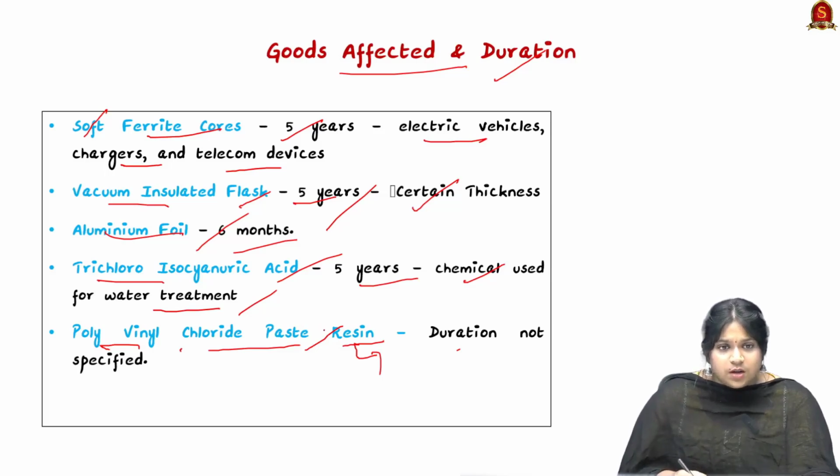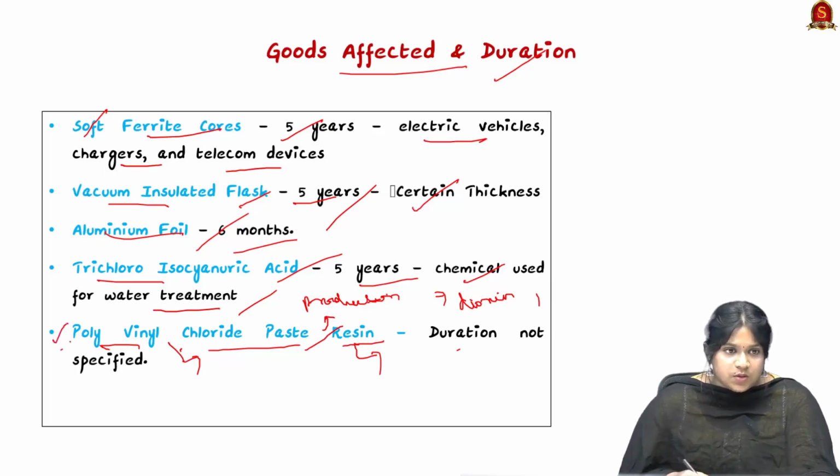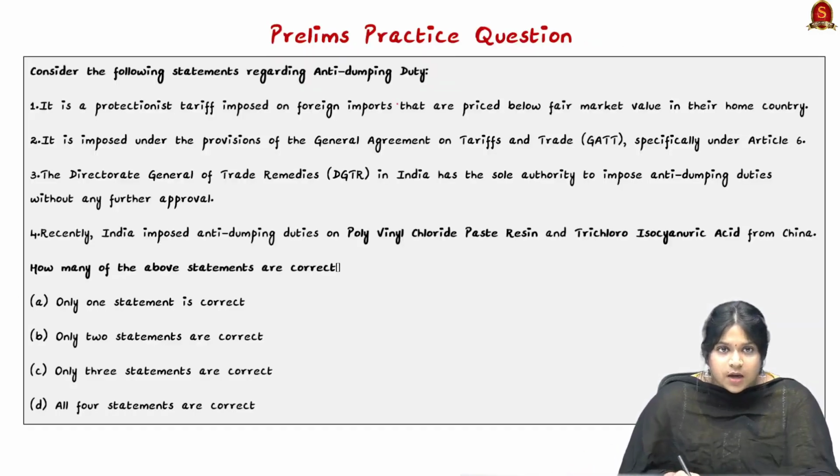It is not that toxic, but its production is more hazardous as it produces toxic pollutants such as dioxin, and also vinyl chloride, which is a known carcinogenic pollutant that is known to cause cancer. So there have been anti-dumping duties on these products. I hope the article is clear.